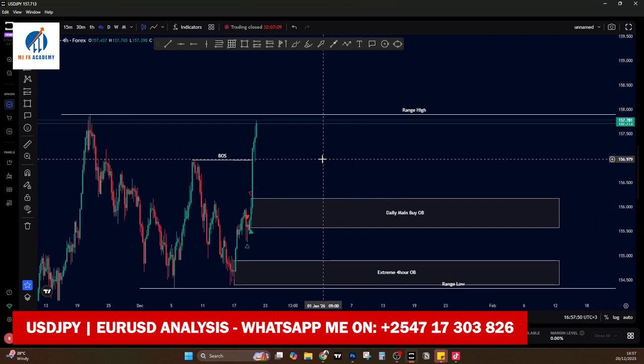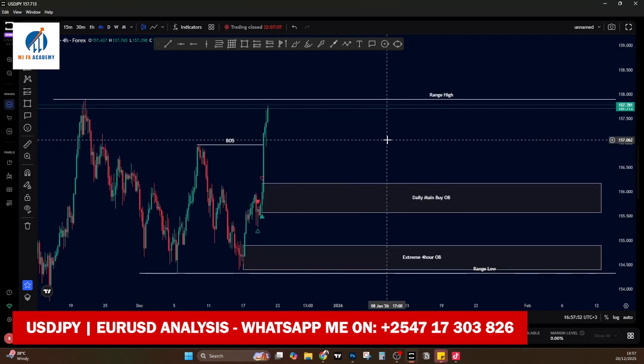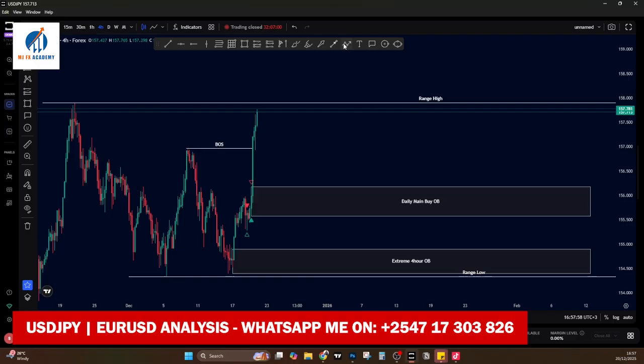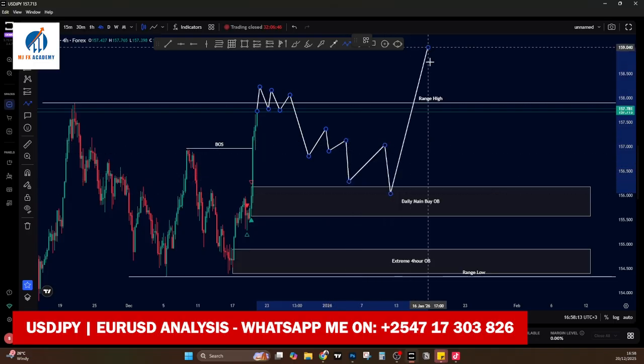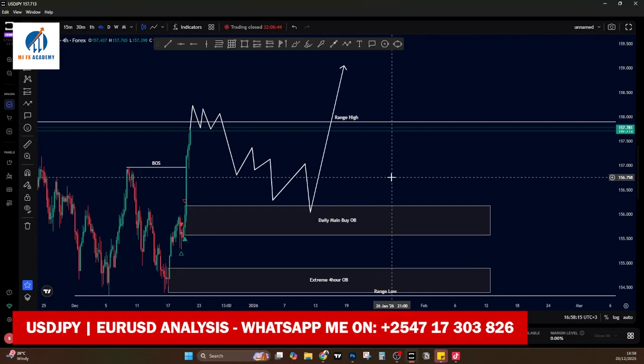Okay, now this is what we expect, just like what we saw in silver. I expect that the market will first take out this liquidity that was traced very close, and then it will retrace to this and then continue moving up.